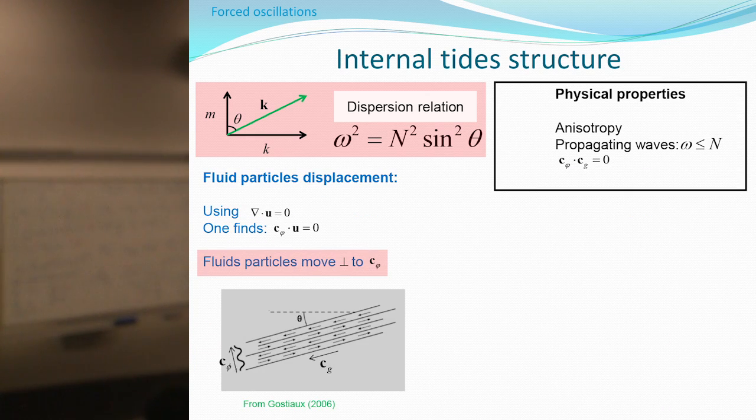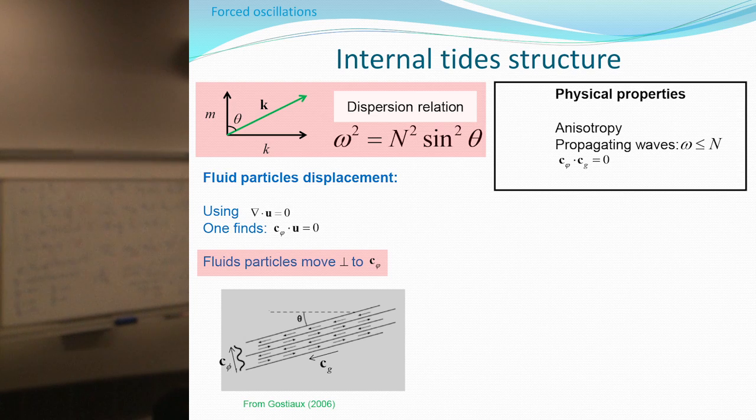And finally, we can have a look at what happens to the fluid particles. How will they displace in this field? So using simply the incompressibility equation, we can easily find that the phase speed and the fluid particle velocity are orthogonal.